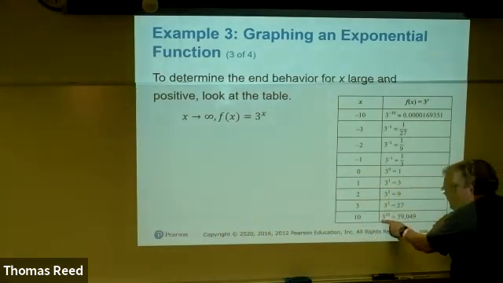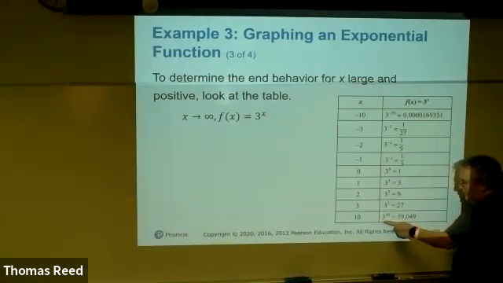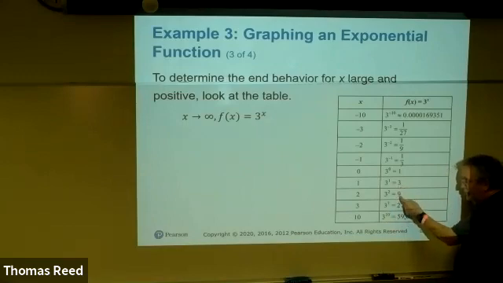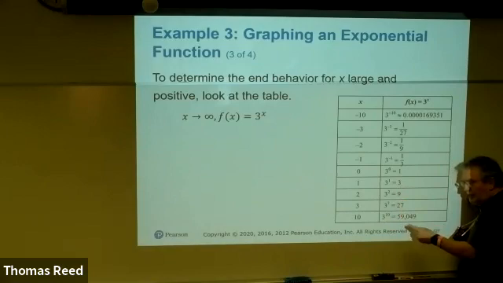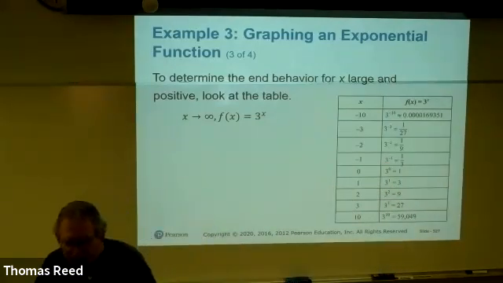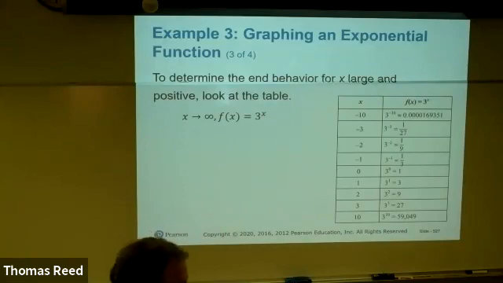So I'm multiplying each number by 3: 9, 27, 81, 243, 729, and then the next one is 2187.